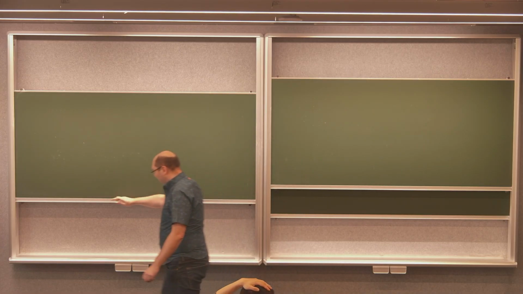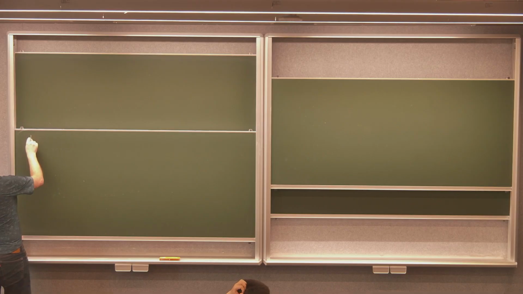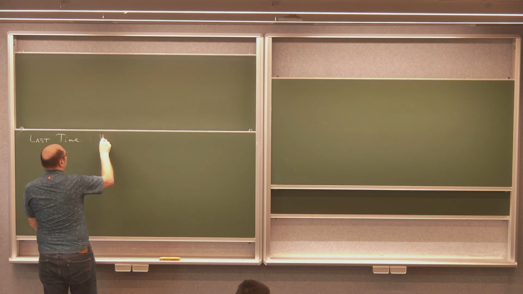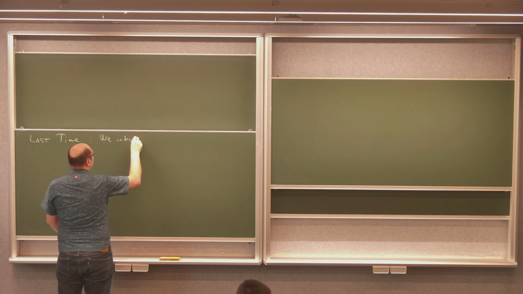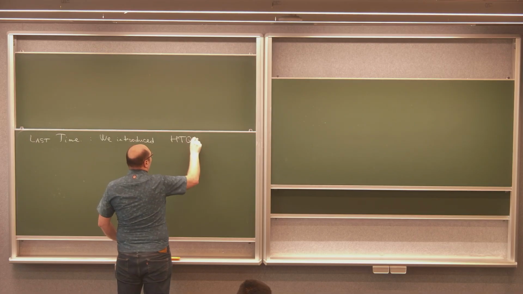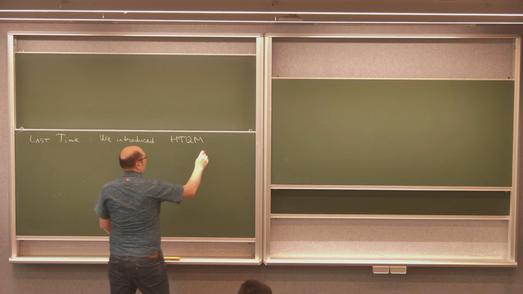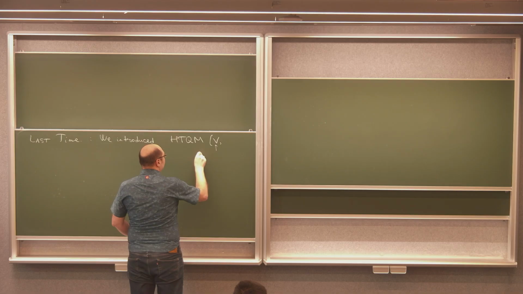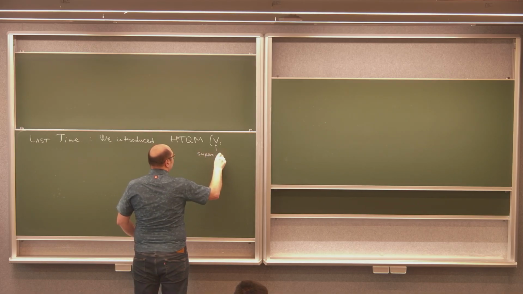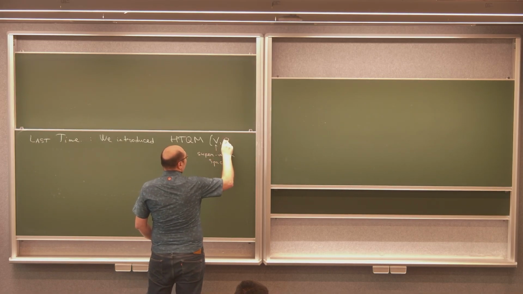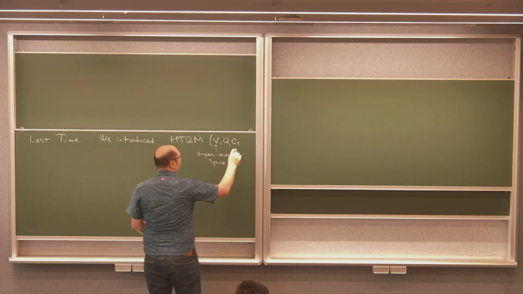Okay, so let us recall what we did last time. Last time we introduced a new object, HEQM, which was a collection of the following data: some super vector space, then a triple of differentials, Q and G plus minus.